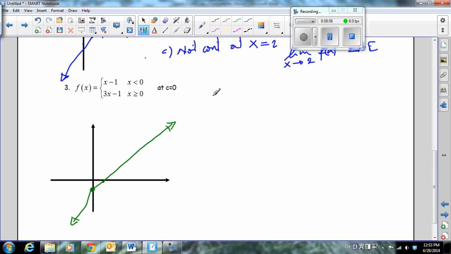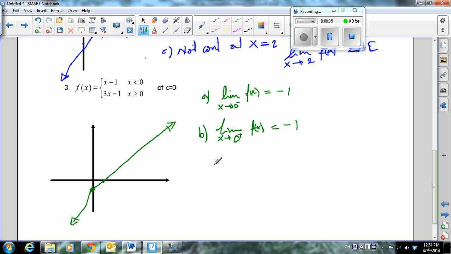Now, let's start with A. The limit of f of x as x approaches 0 from the left. When it's approaching 0 from the left, it seems to be equal to -1. The limit now, as x approaches 0 from the right of f of x again, is equal to -1 as well.